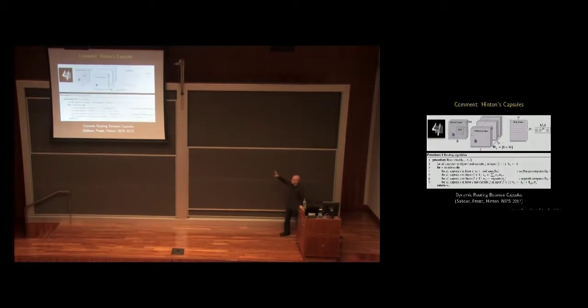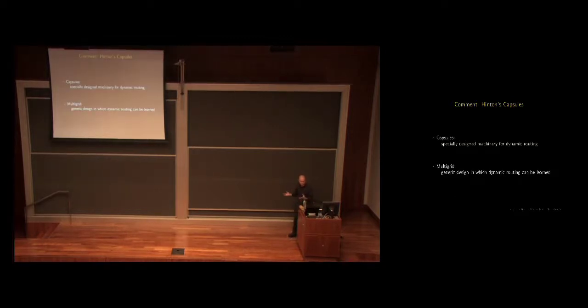The way this works is that they have some explicitly written iterative procedure that determines how capsules at one layer signal capsules at the next. This is very specific machinery for solving some routing problem internal to the network, whereas multigrid is a very generic design in which routing can be learned.